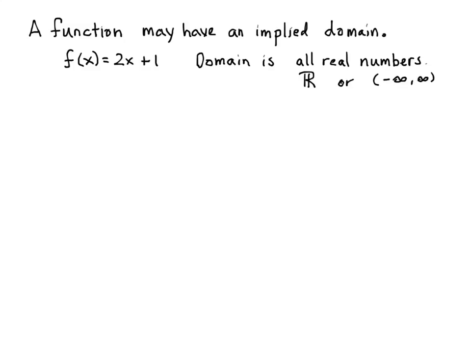So with this particular one, the first one that we looked at, f at x equals 2x plus 1, every number works in there, right? You can multiply 2 times any number, add 1 to it, and you get a number, and so it works. And we'll say that the domain here is all real numbers. There are 2 other ways to write that.